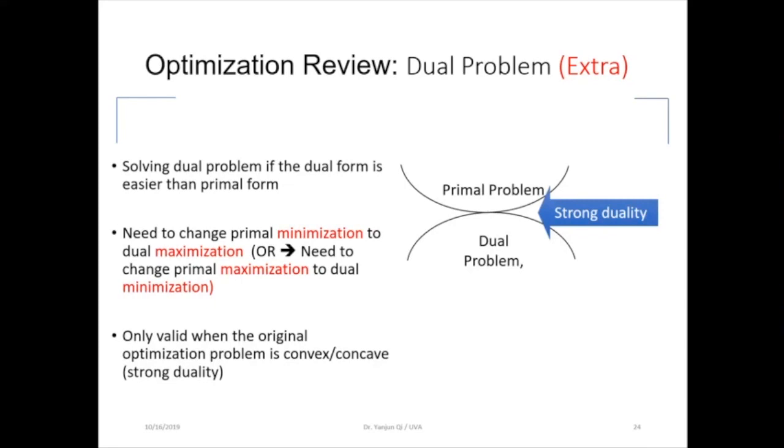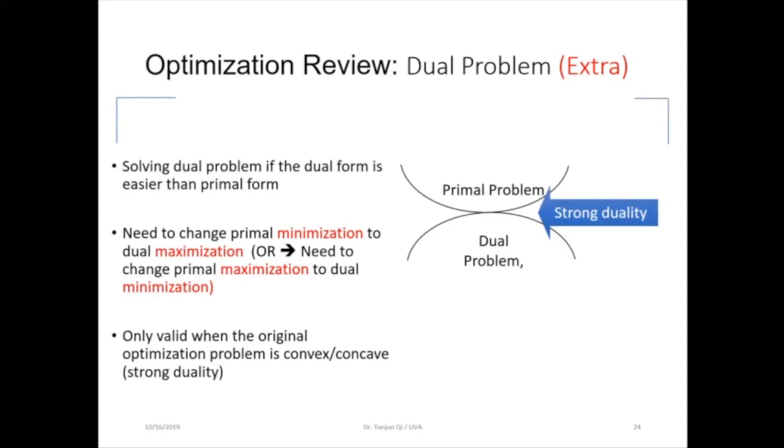It's only valid when the original optimization problem is convex if it's minimization, and concave if it's maximization. For those of you who still remember what convex or concave means, this is pretty intuitive from a geometric perspective, but there's a lot of mathematics behind this, and we're going to skip it.